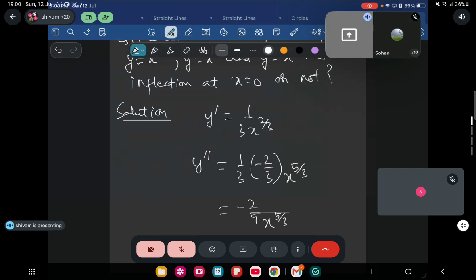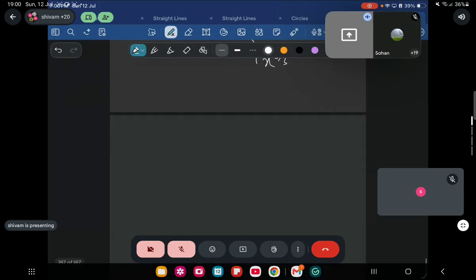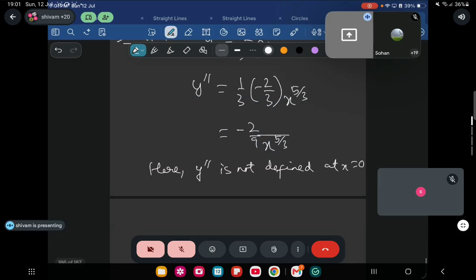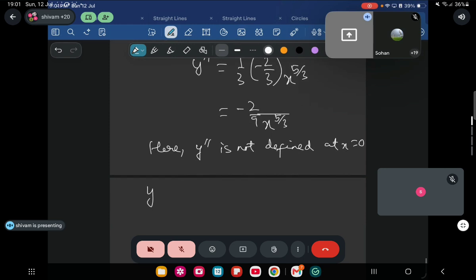Are you people getting? Yes or no? At x equal to 0, does y double dash exist? Over here, y double dash is not defined at x equal to 0. So we need to check for x equal to 0 plus and x equal to 0 minus. What is y dash at 0 plus?